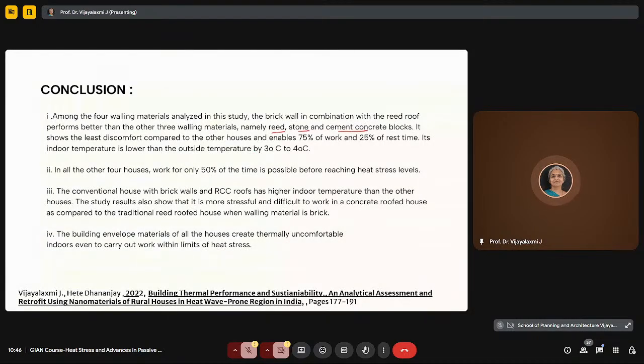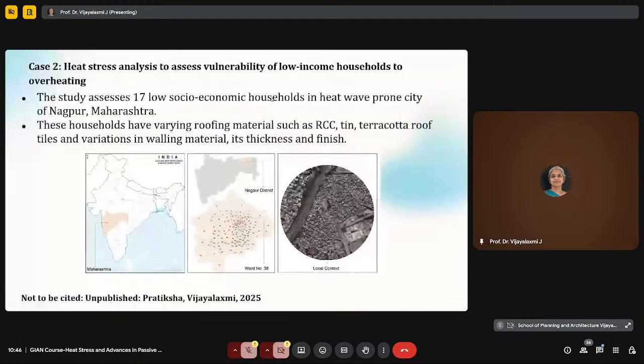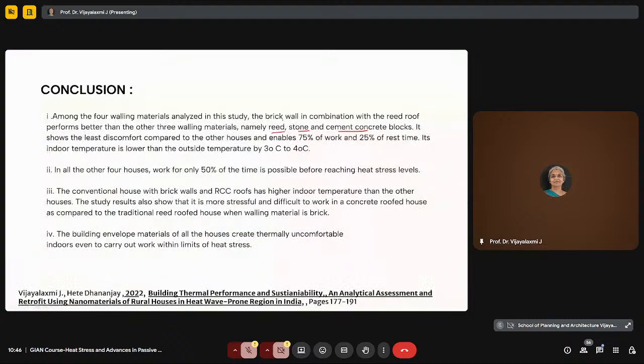It shows the least discomfort compared to the other houses and enables 75% work and 25% rest time. Its indoor temperature is lower than outdoor temperature by 3 to 4 degrees centigrade.